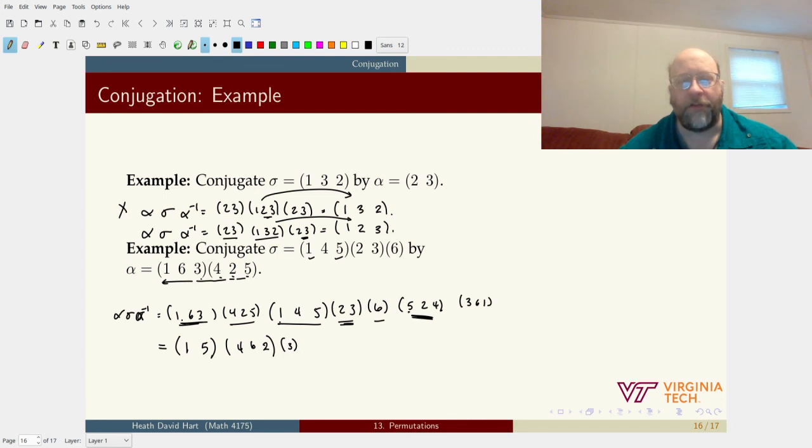So 3 eventually comes back out as 3. And so this is what we started with. This is the conjugate. But what I want to notice is that this has a 3 cycle and a 2 cycle and a 1 cycle. And this also has a 3 cycle and a 2 cycle and a 1 cycle.